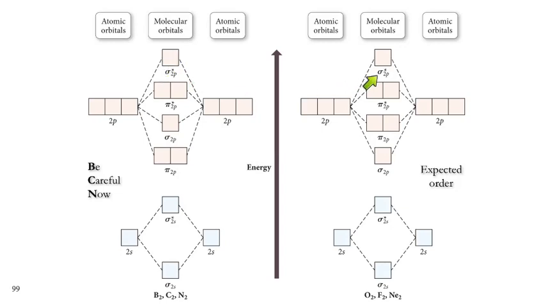So the antibonding orbitals are the same, but the bonding orbitals have switched. So that's the difference between these two. That's the only difference here. This one has sigma on the outside, pi's on the inside. Here, the lower two, the bonding orbitals are switched.